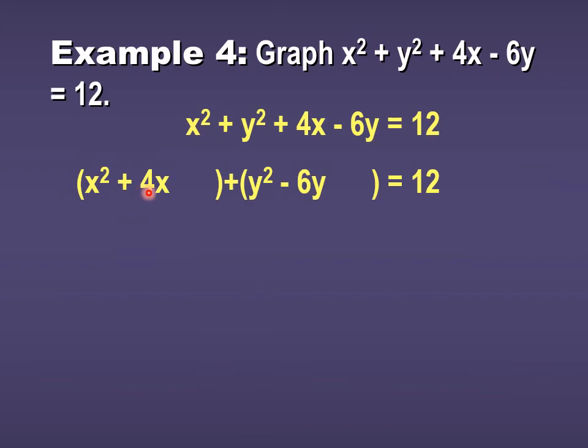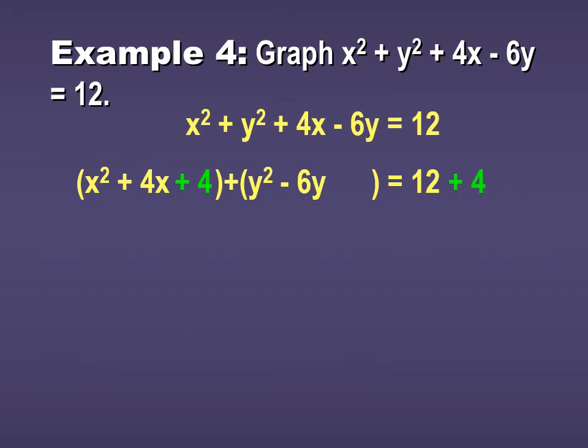Half of 4 is 2, and then we're going to square it. 2 squared is 4, which means we're going to add 4 inside the parentheses. But since I had to compensate for that, since I added 4, I look: is there a number in front of the parentheses? No, that means I'm just going to add 4 to the other side as well.